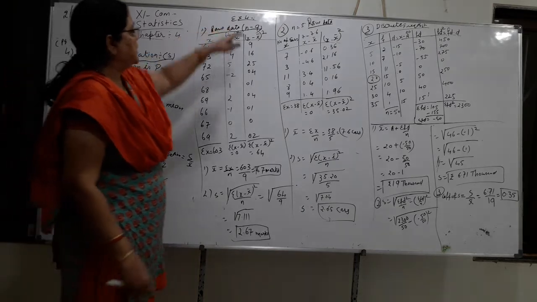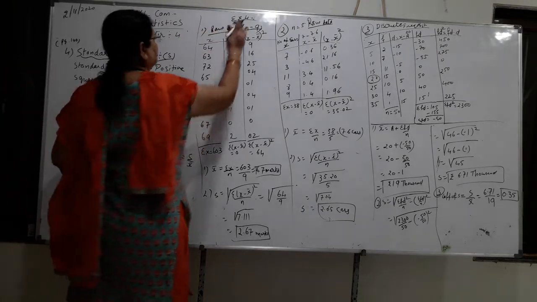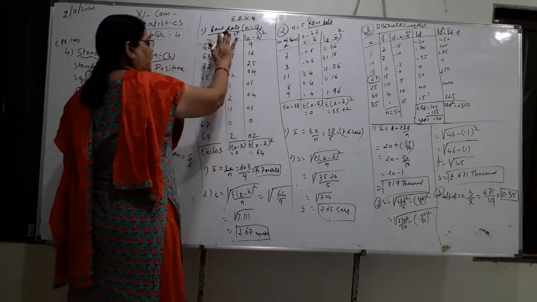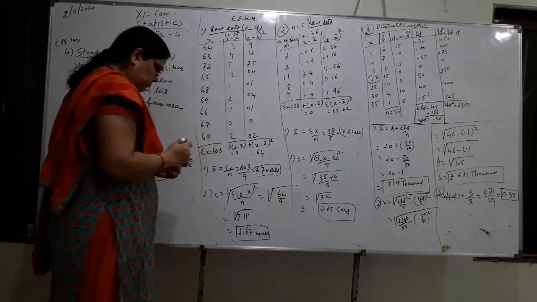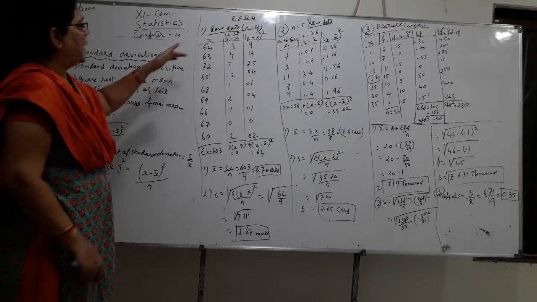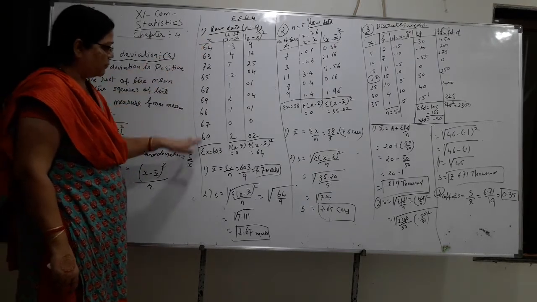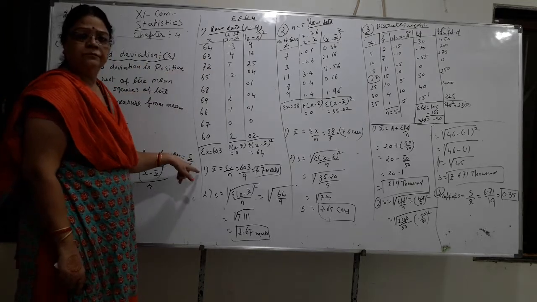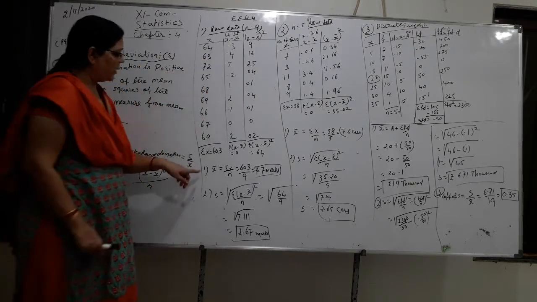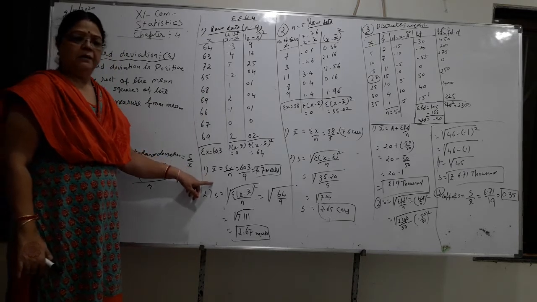So with this small explanation, it is the most popular measure which is used. Now exercise 4.4. In exercise 4.4, the first sum is raw data, and the number of observations is 9, and it is raw data, so I have put x. It is given in the question. Then I have to find number 1, mean, x bar.